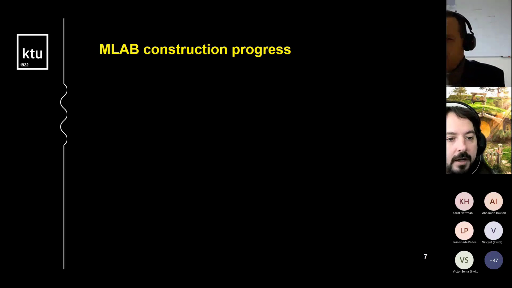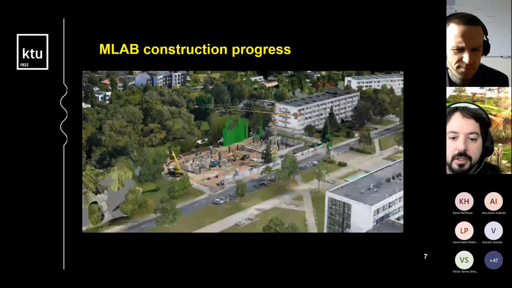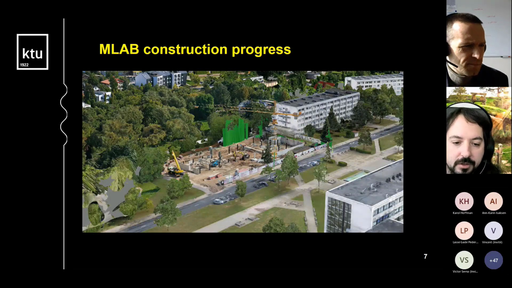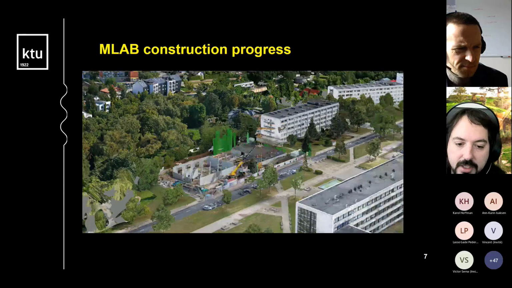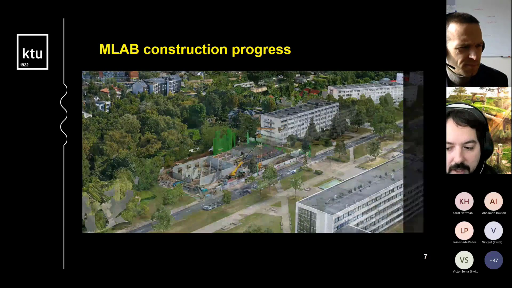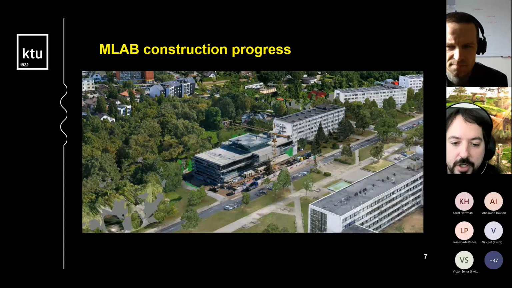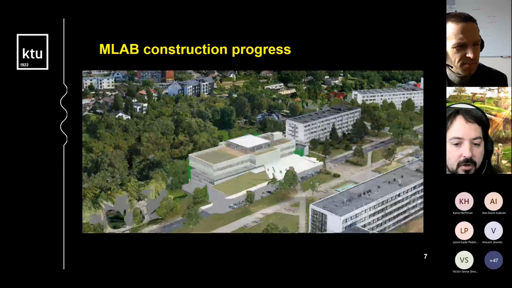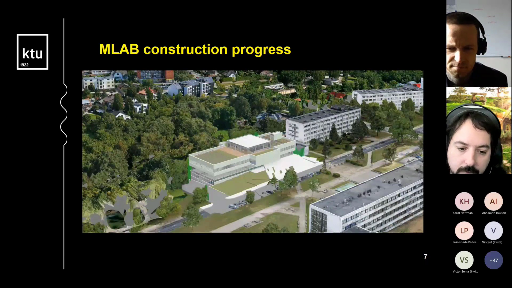Now, the final project where we used OpenCity Planner is to monitor a construction process. This is a laboratory complex on our university campus, where we used photogrammetry at different stages of the construction and placed the results in OpenCity Planner as 3D models.